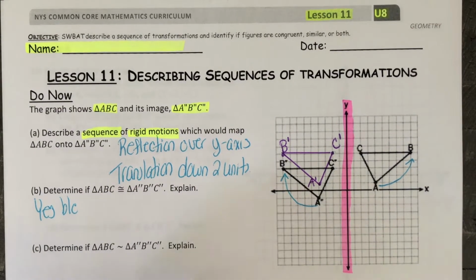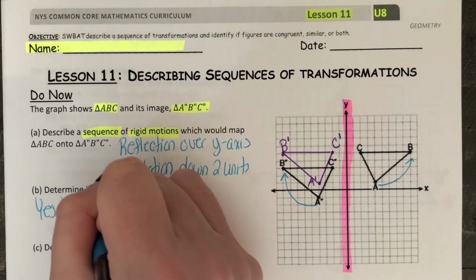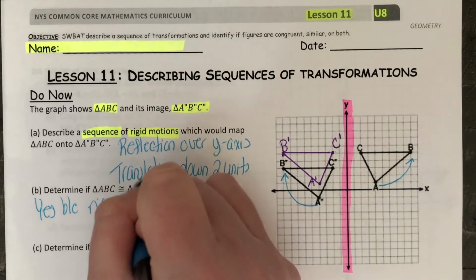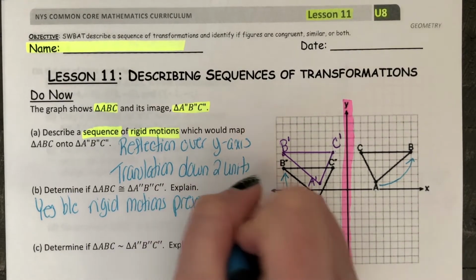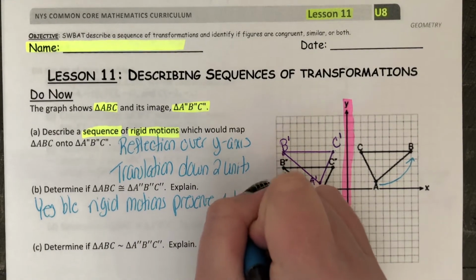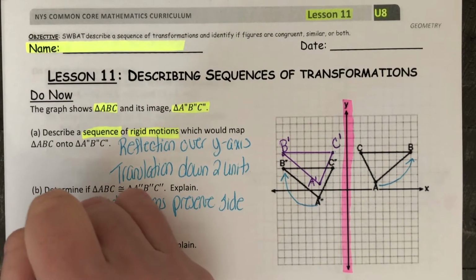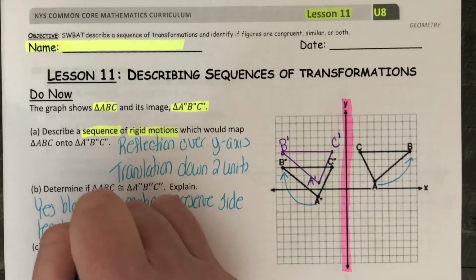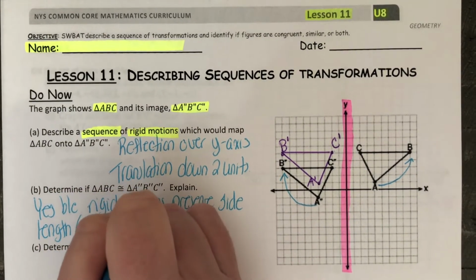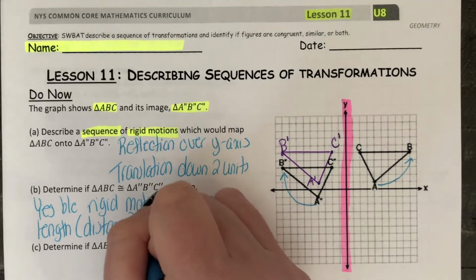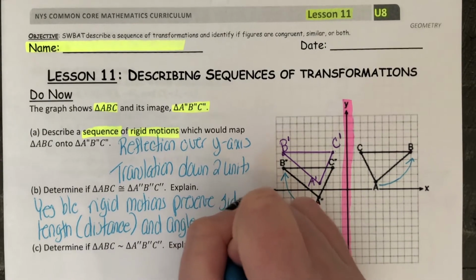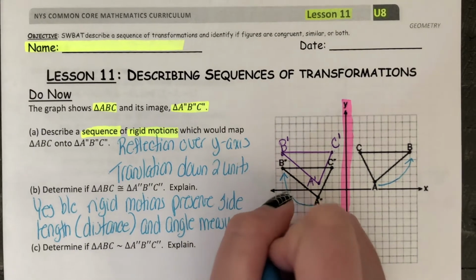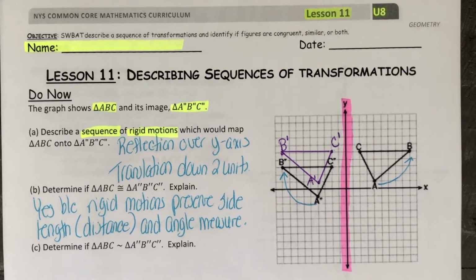So the way I'm going to say that is yes, because rigid motions preserve side length. If you don't like to say side length, you can say distance or segments, one or the other. And they also preserve angle measure. Because nothing is changing, I know those 2 triangles are definitely congruent. They are definitely the same.